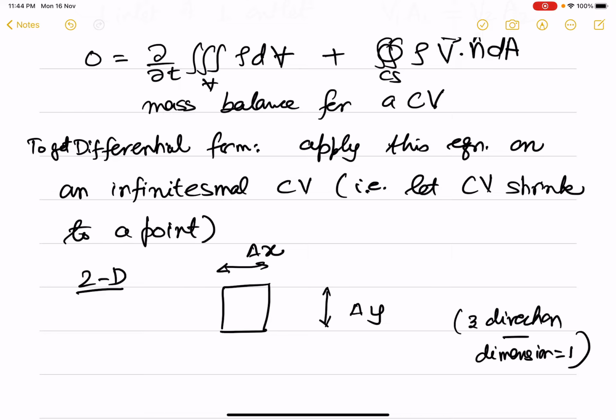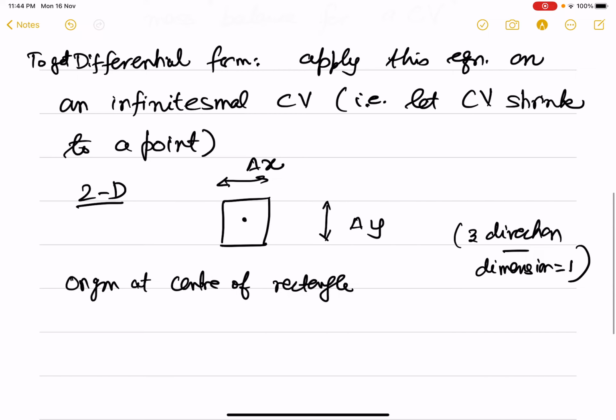Now here, we place the origin at the center of the rectangle. Actually it's a parallelepiped because its dimension is 1, but in a 2D planar view it will look like a rectangle, and we place the origin there.